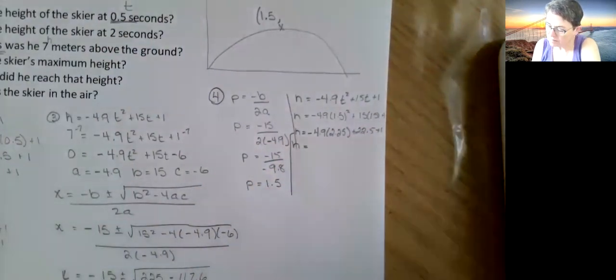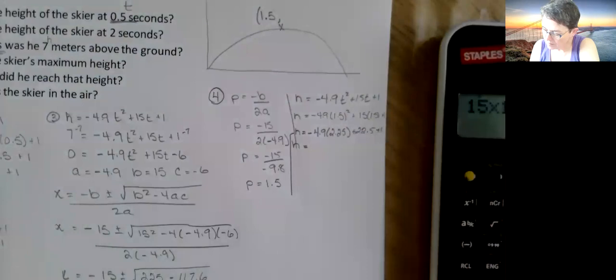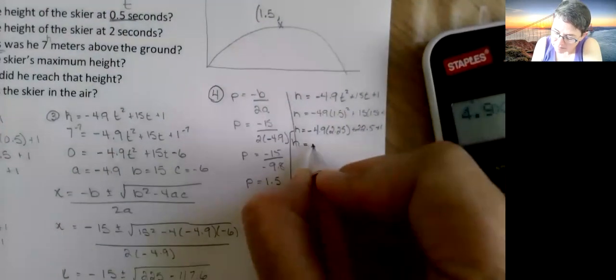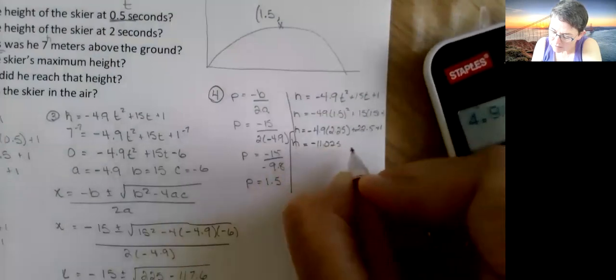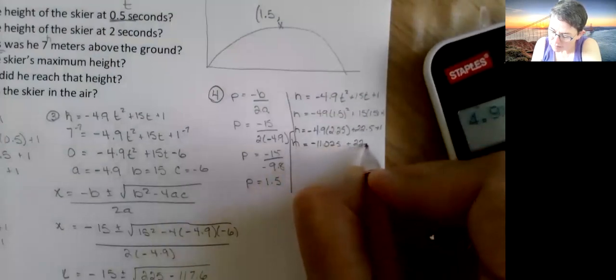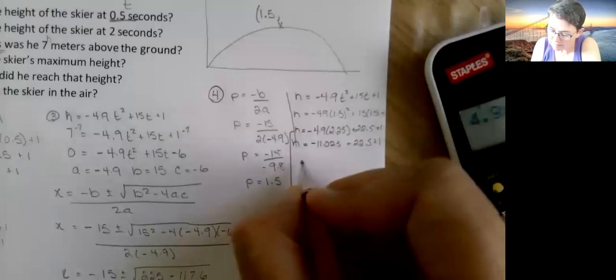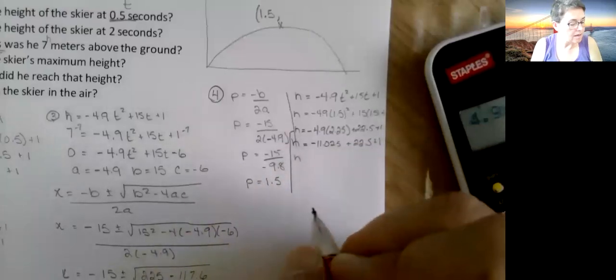Is equal to 4.9 times 2.25 is 11.025. Negative 11.025 plus 22.5 plus 1. Enough. Stop.